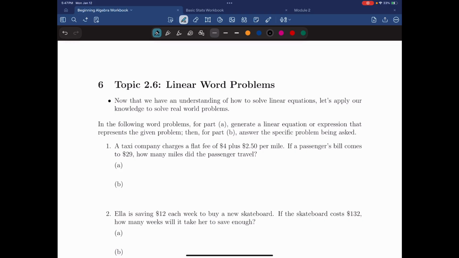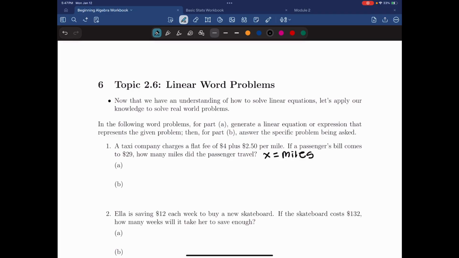So I'm going to be very typical here and say we're going to use the variable x. And I encourage you to pause the video if you need to think about what the variable x could mean in this specific problem. And in this problem, x means the amount of miles, or x means miles.